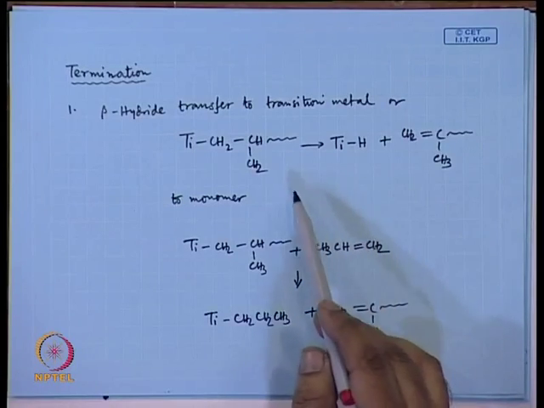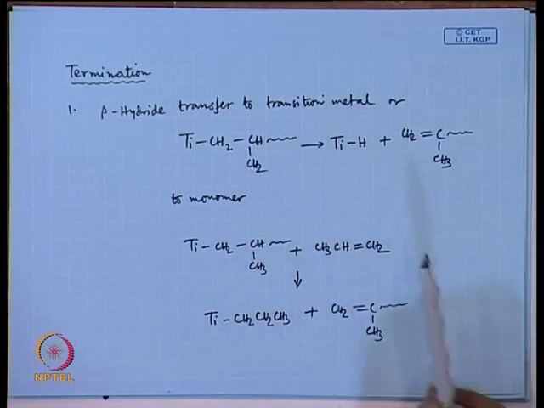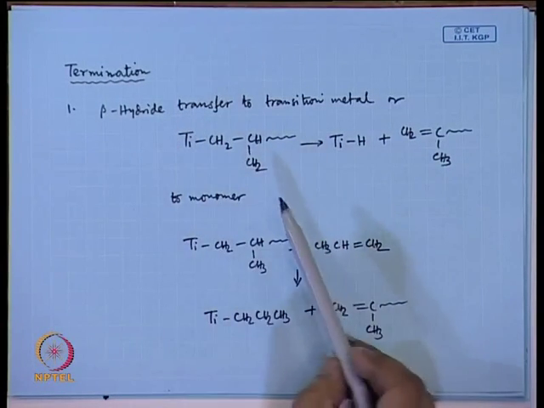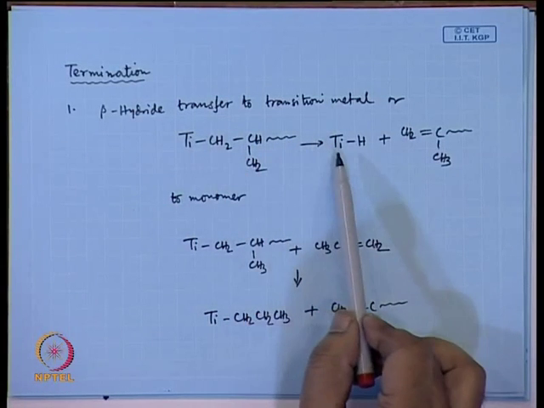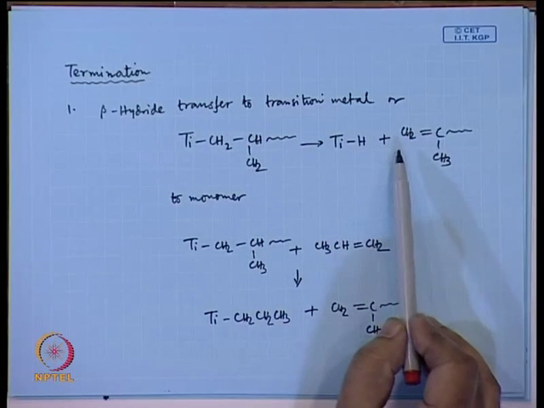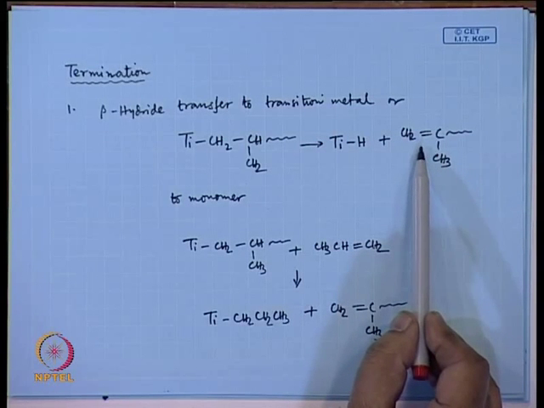I am going through this a little fast; there is nothing more to understand, it is just for information purposes. The termination can happen by beta hydride transfer to the transition metal, forming a vinylidene end group in the polymer.